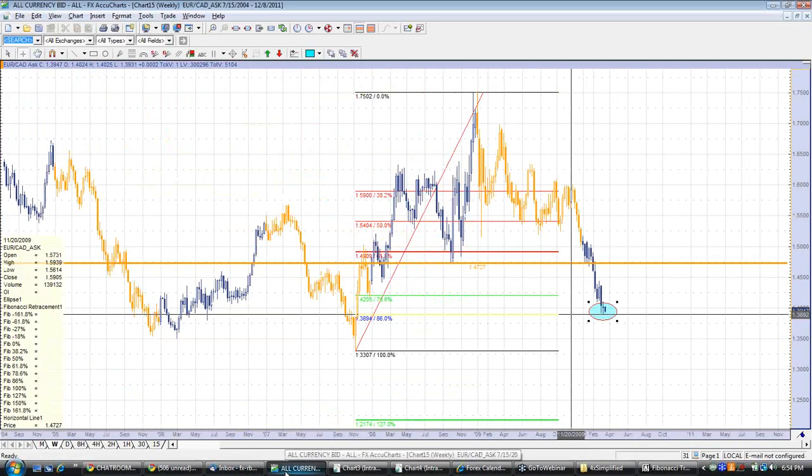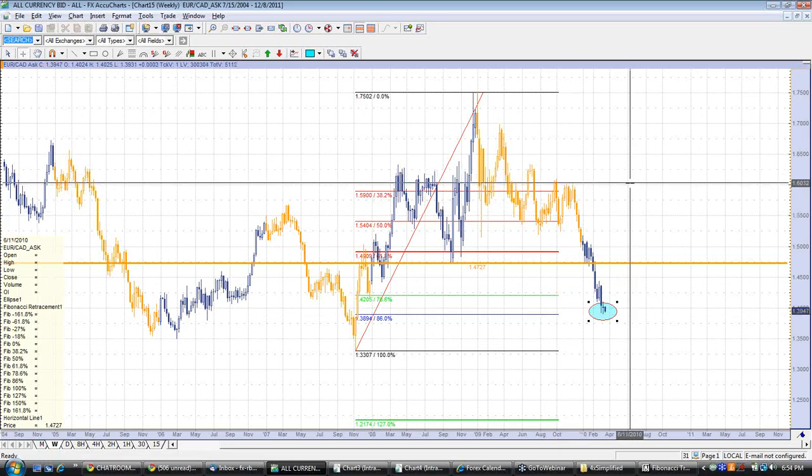There's a question of where we should limit on the Euro Canadian. I have different limits going all the way to the 162 area, which is almost a 2,000 pip range.